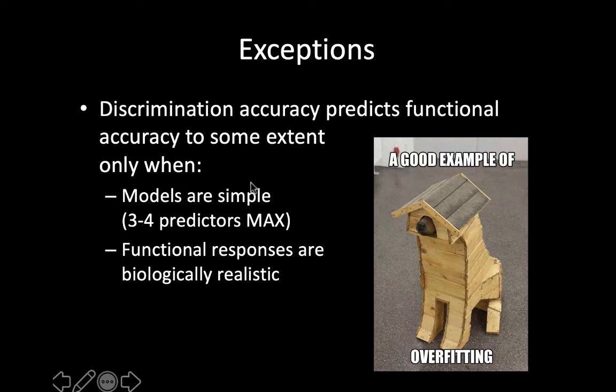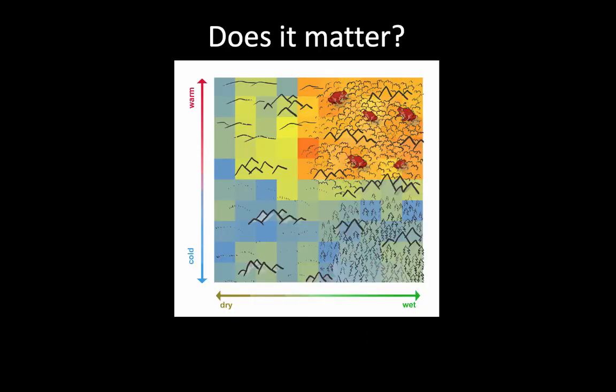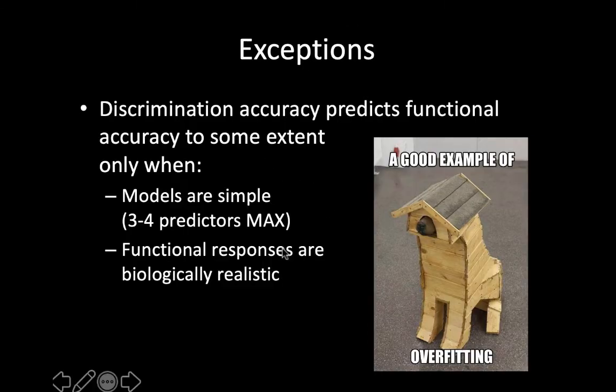And to be clear, this basically is the 3 to 4 predictors. We used a sample size of about 100 data points, with 70% for model construction and 30% for evaluation. So a 70-30 split.